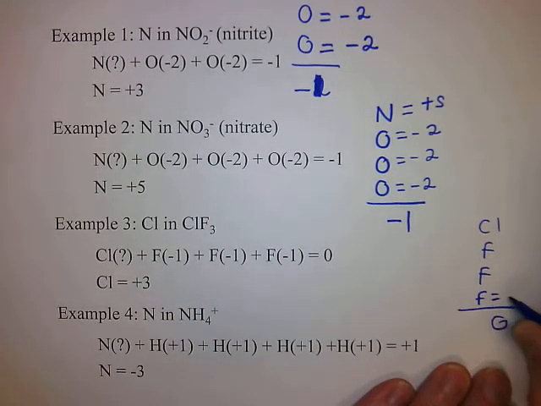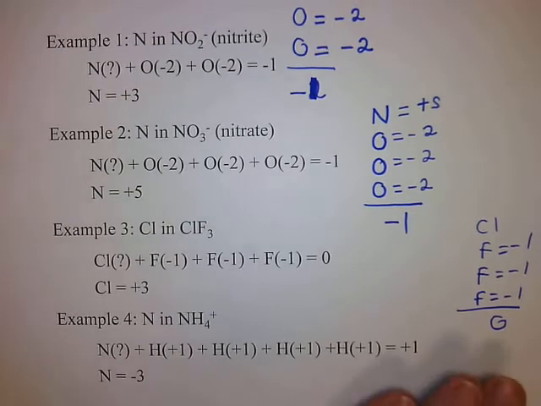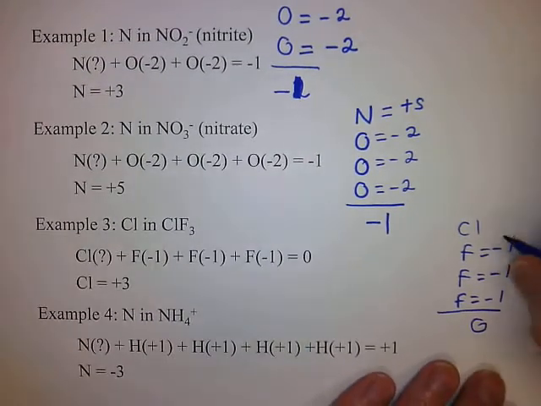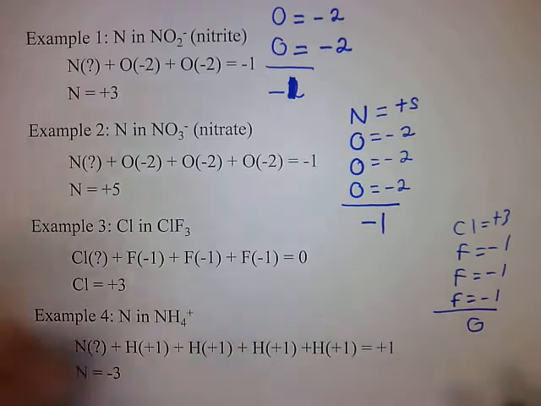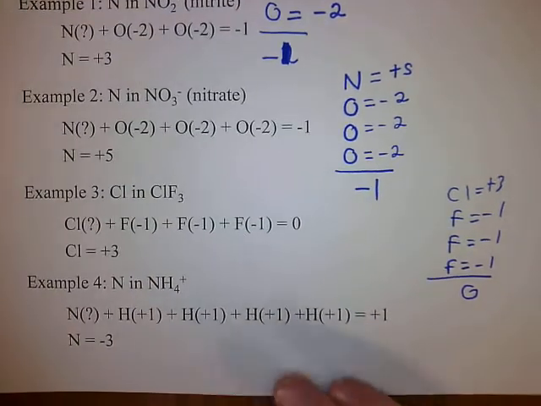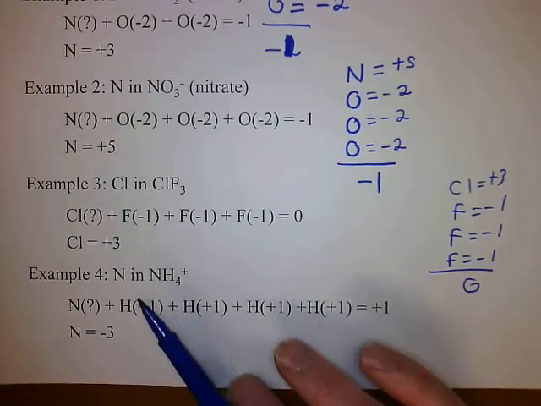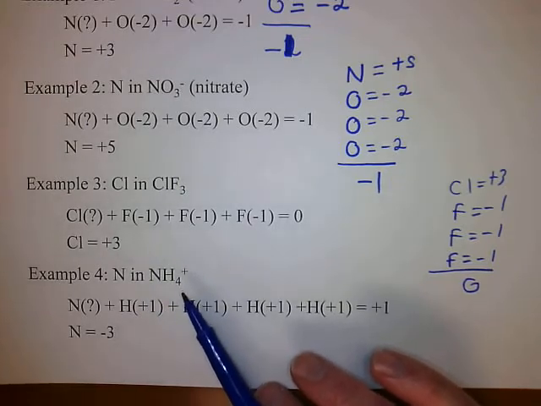Well, one of our rules said fluorine is always minus 1. So to make all that add up to minus 1, the chlorine has to be what? Plus 3. Okay. And then last, what about nitrogen and the ammonium ion?